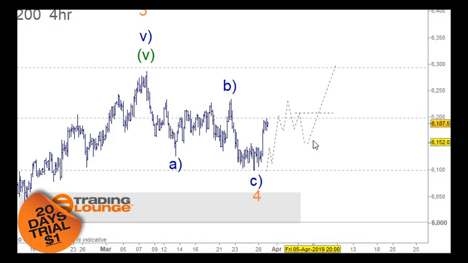You could buy back here at the 50-60% retracement level area, but as I mentioned, wave 4s can travel sideways further, so it could get a bit more complicated.